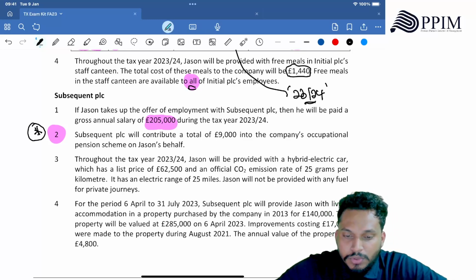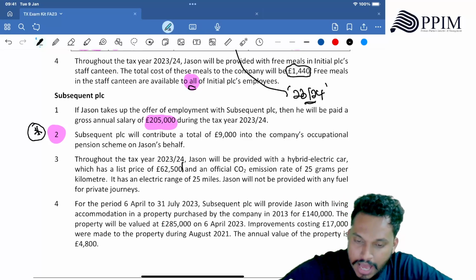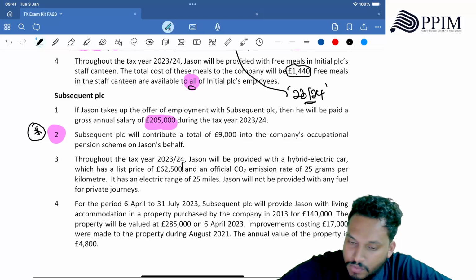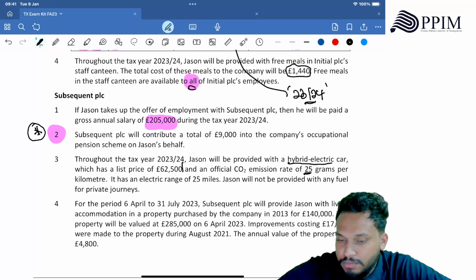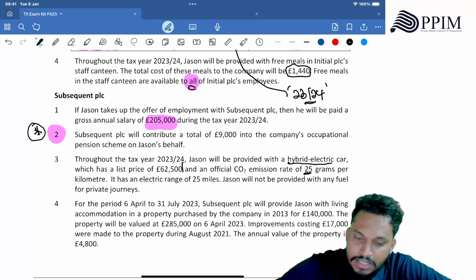Throughout the tax year 23-24, Jason will be provided a hybrid electric car with a list price of 62,500. The official carbon emission is 25 grams per kilometer, and it has an electric range of 25 miles.